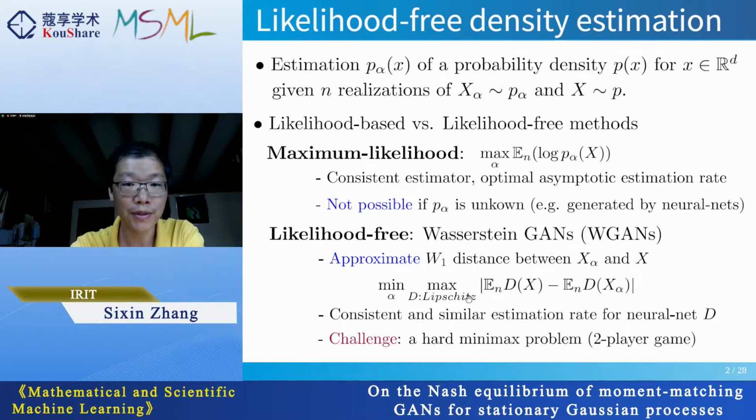There are many theoretical works as well studying the consistency of this problem when we replace this space D of Lipschitz functions by neural network discriminators, and achieve similar consistency and estimation rates. And from an optimization perspective, there is still a very challenging min-max problem to solve, which can be understood as a two-player game.